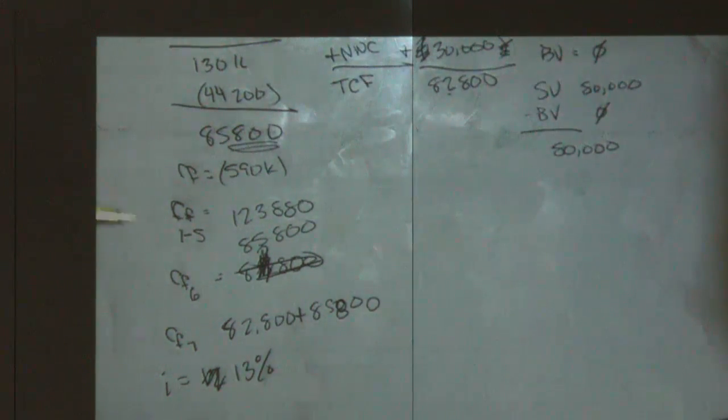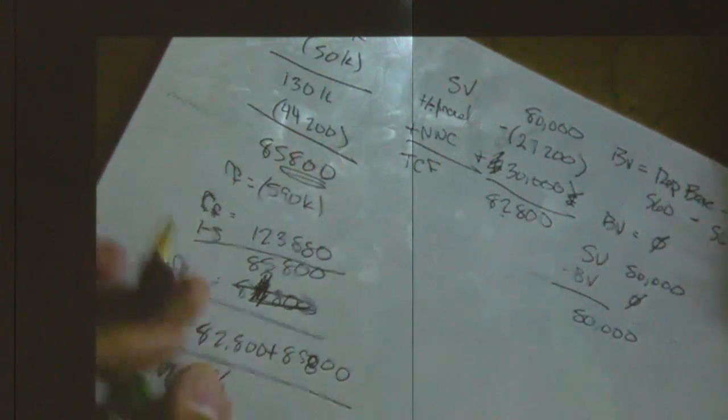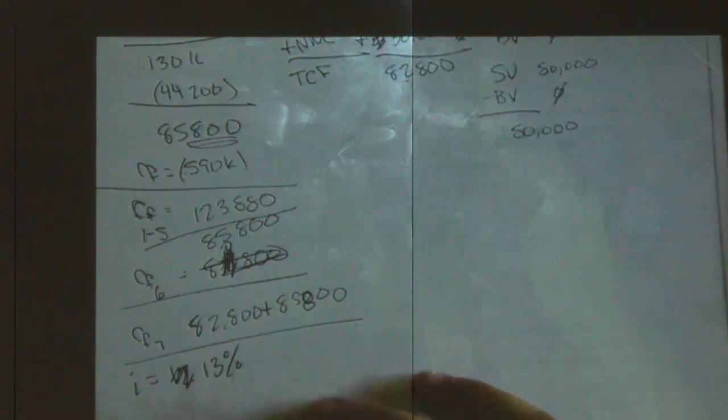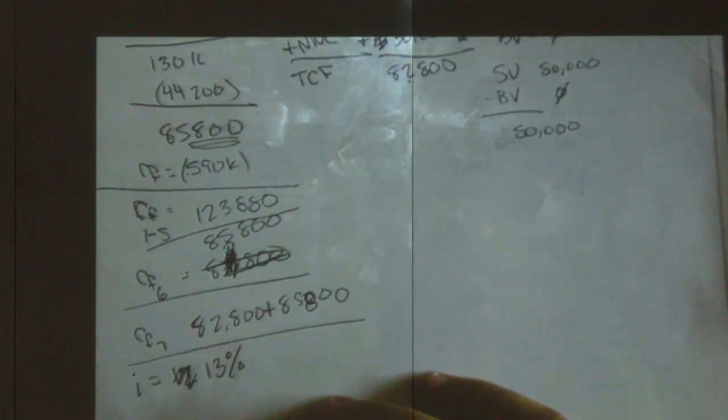Here you're just plugging this stuff in the calculator. Sorry, this is kind of sloppy. You're going to plug in your initial outlay as a negative. You have a positive cash flow for years 1 through 5. You have the intermediate cash flow of year 6 of 85,800, and then your cash flow of year 7, which is the ending annual plus that terminal, and then you have your I at 13%.